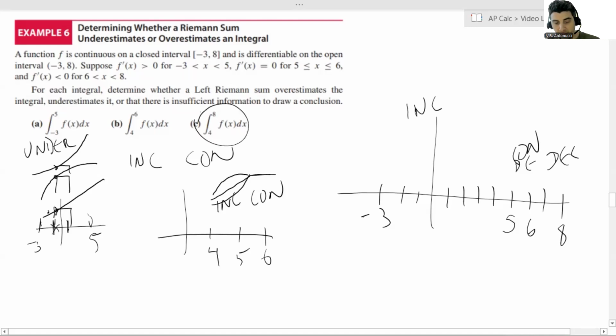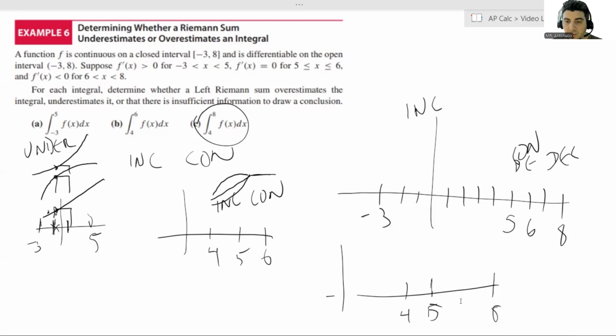And then for part C, if we're going from 4 to 8, we know that on the interval 4 to 5, it's increasing.